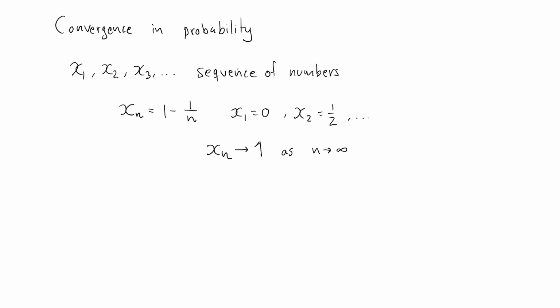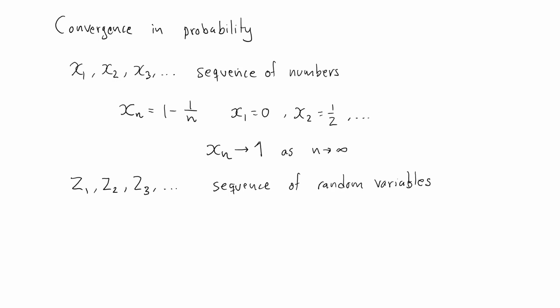So we would like to investigate a similar situation, but in this case, instead of having a sequence of numbers, I want to consider a sequence of random variables. I will denote this sequence by z. So z1 is my first random variable, z2 my second, my third, and so on. These random variables are all based on the same experiment.